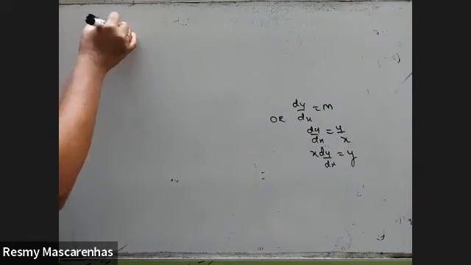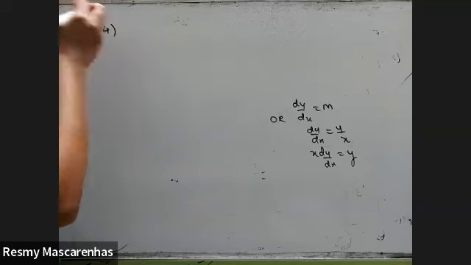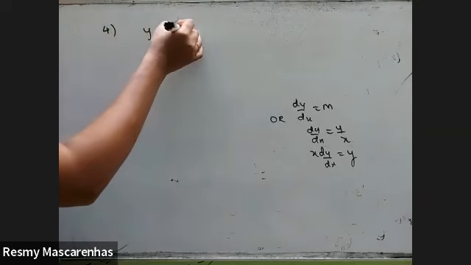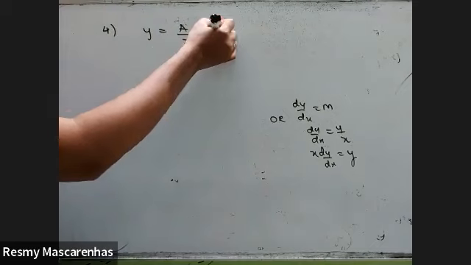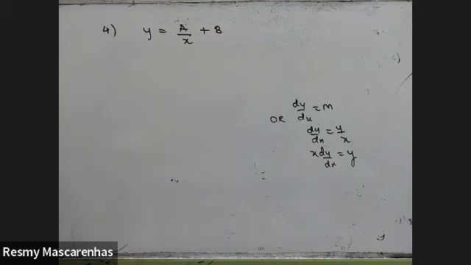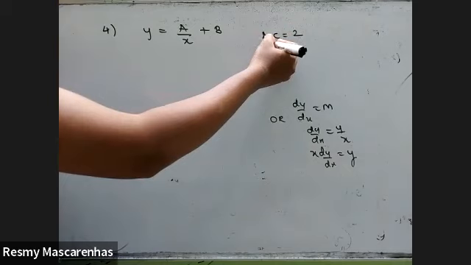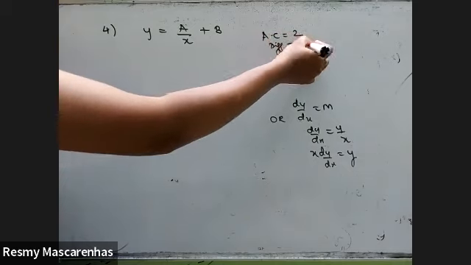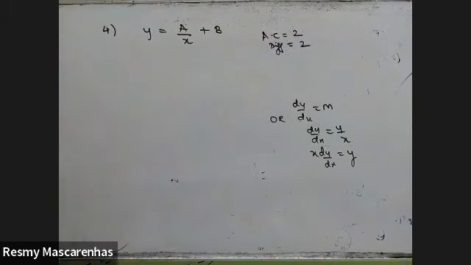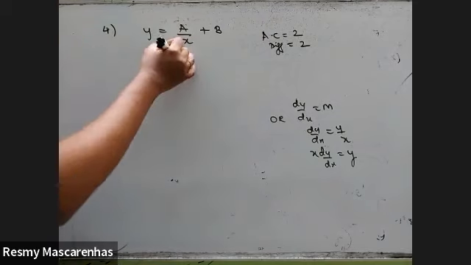Fourth one. Now arbitrary constants, there are two of them. So you can differentiate it only two times. And differentiate it for the first time.